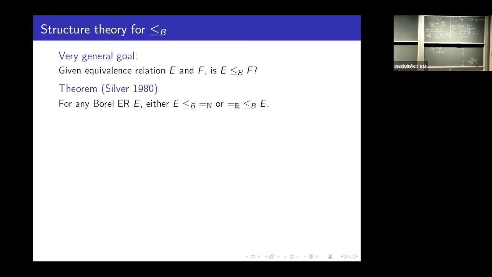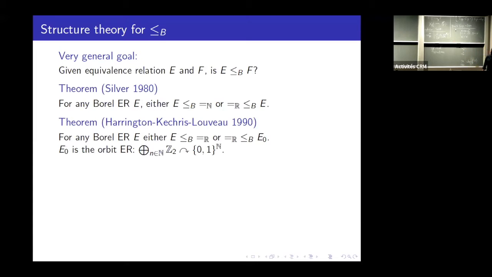Okay, so in this picture, what happens is we have this super simple equivalence relation, and then the next one will be just the size of the reals, and then there's more stuff. So what comes afterwards? It turns out there is something that comes afterwards, which is called E0. So let me write it here, E0. It will not play an important role in what I will say later today, but here it is.